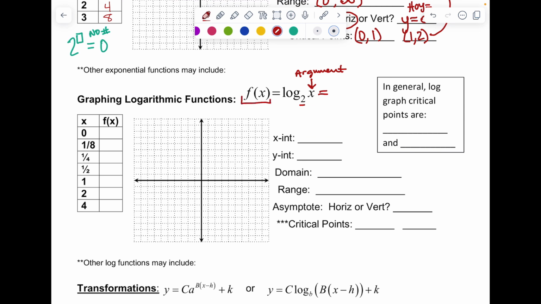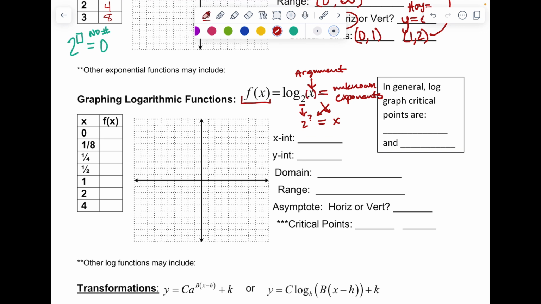Remember, logs find unknown exponents. So when we're solving this, we're pretty much asking ourselves, what exponent, if I raise the base to this exponent, would match this argument, okay?